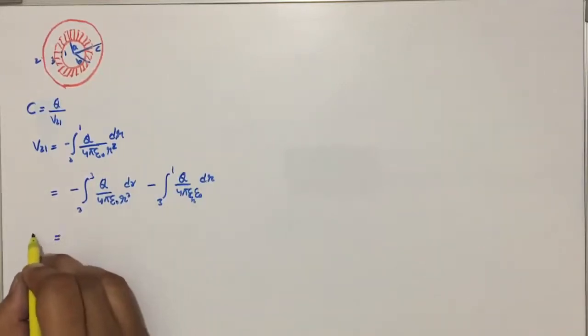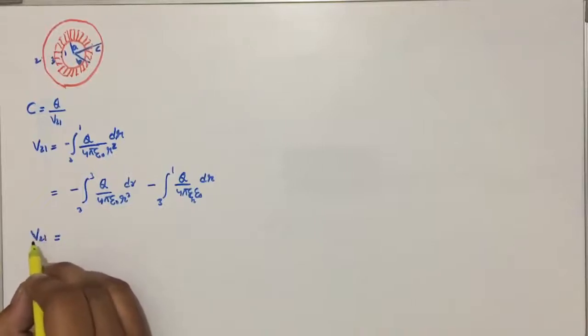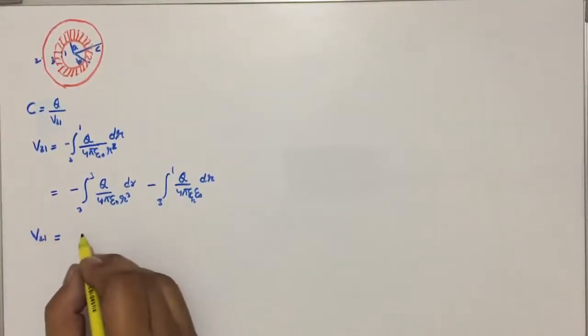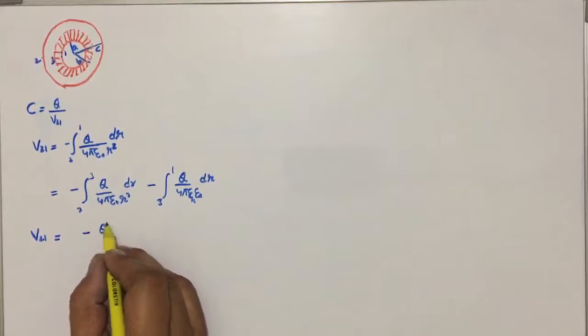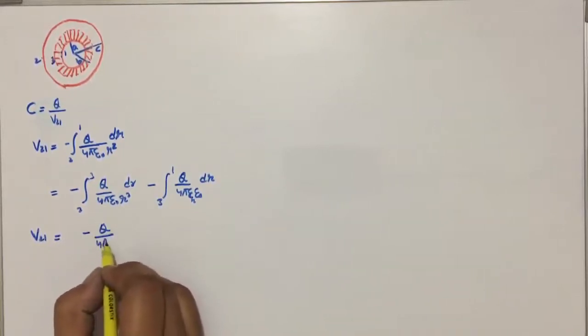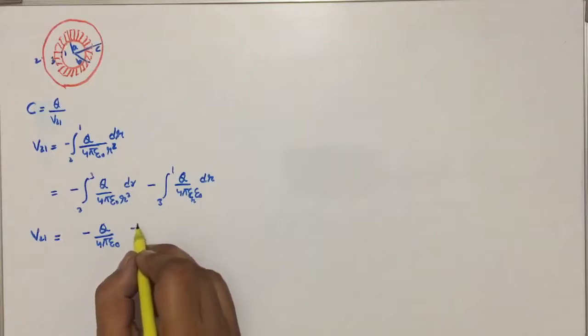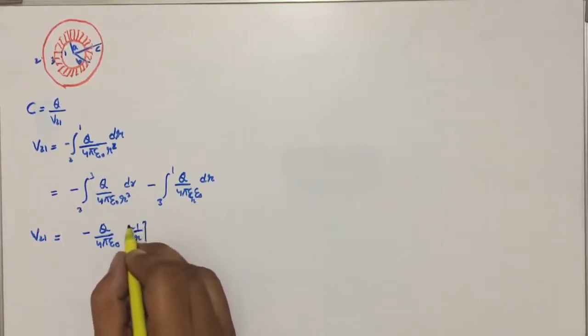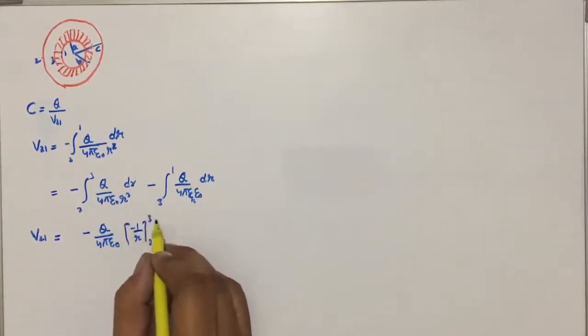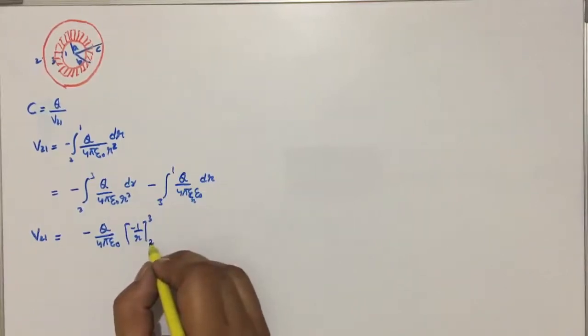After that, V21 can be simply processed by simple integration, only mathematics is left: minus q by, minus 1 by r from 2 to 3. 2 means not 2, 2 means the length.